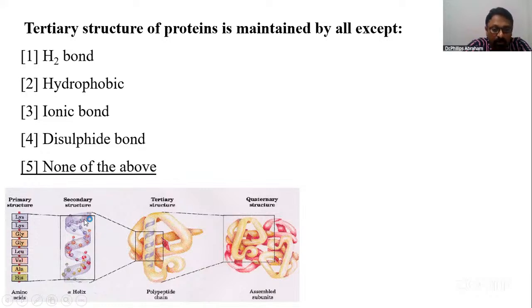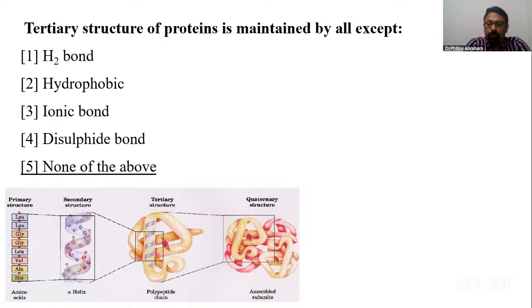So here we are just showing the alpha helical structure, and in that, how the amino acids are arranged, what amino acids are present and in which order. That's called the primary. So primary is maintained mainly by covalent bonds, and secondary, tertiary, and quaternary are maintained by non-covalent bonds.